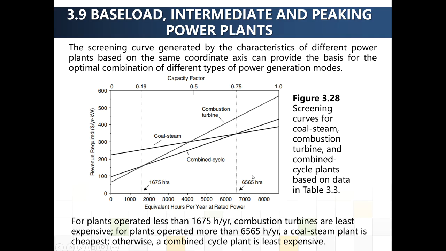But if this power plant runs over 6,565 hours, the coal steam power plant becomes the cheapest. And between 1,675 hours and 6,565 hours, the combined cycle power plant is the cheapest.